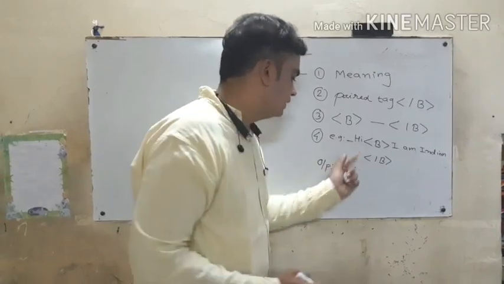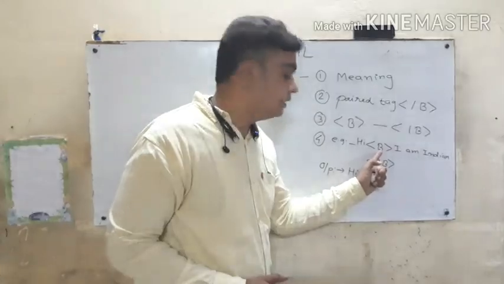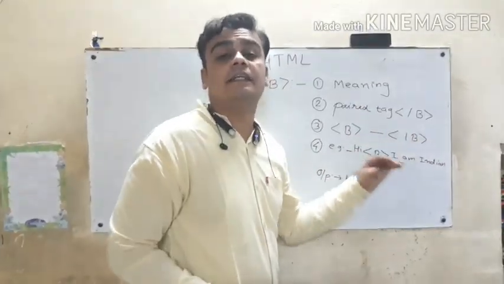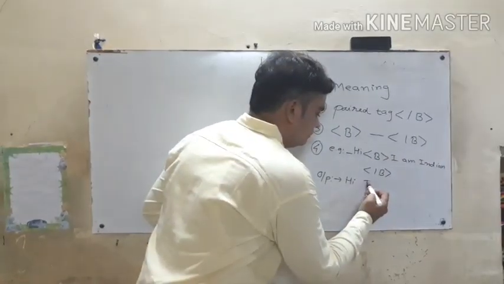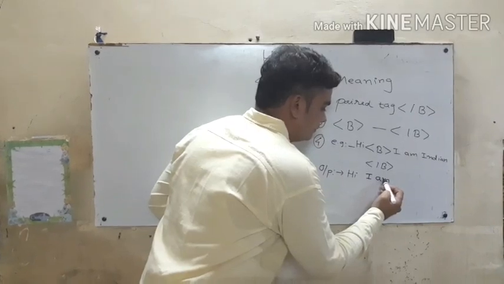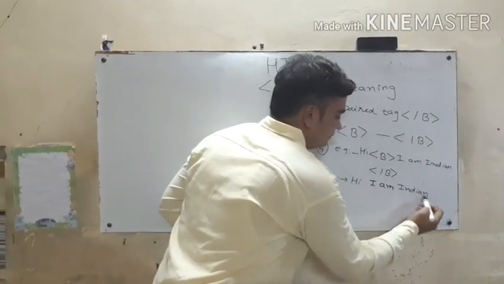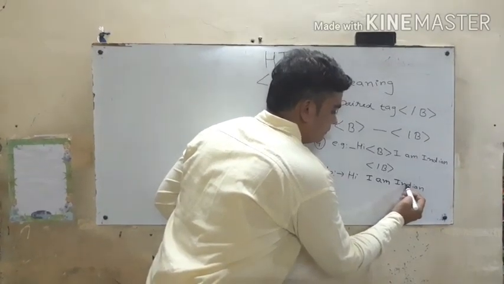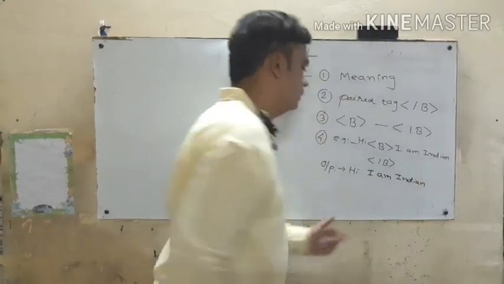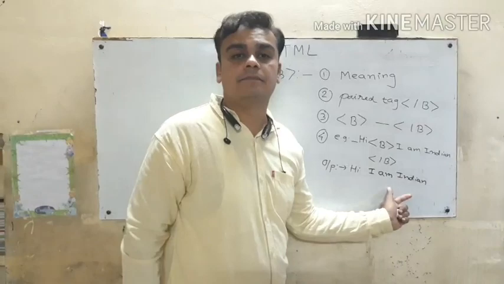Hi means on this text hi there is no effect, but the information present between B tag and /B tag, that is I am Indian, is represented in bold form. So this kind of output will display on my screen.